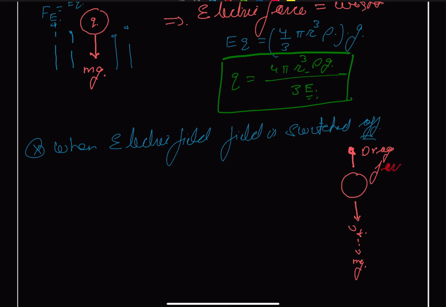The condition for the terminal velocity is that this drag force should be equal to the force acting in the downward direction, that is our mg.